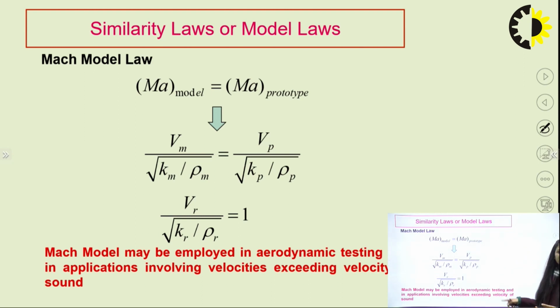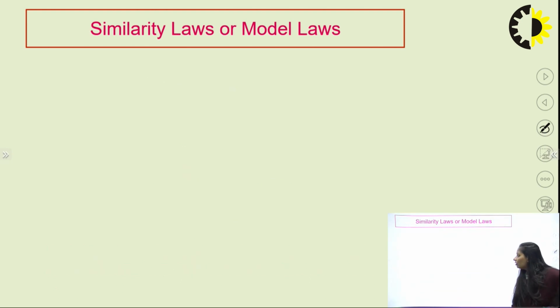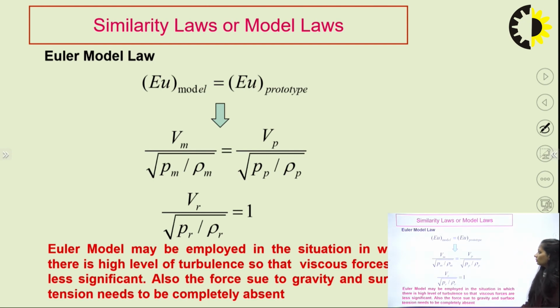Mach model law can be applied in aerodynamic testing and in applications involving velocities exceeding the velocity of sound. Euler's model law can be applied where there is a high level of turbulence, so that viscous forces are less significant.